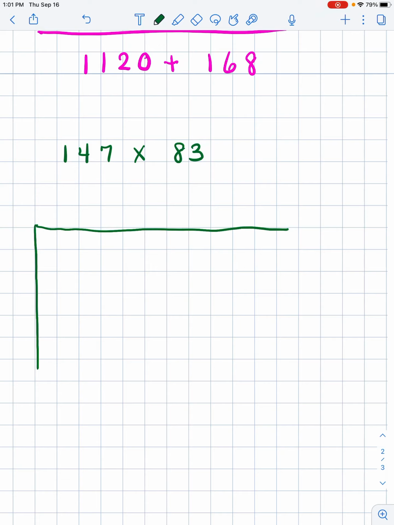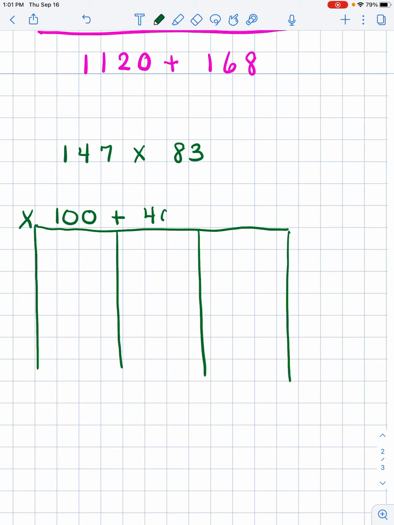Now, let's think about this because it's a little different. Because this is a 3-digit number, when we expand it, this 1 in 147 represents 100. So this is 100 plus 40 plus 7.